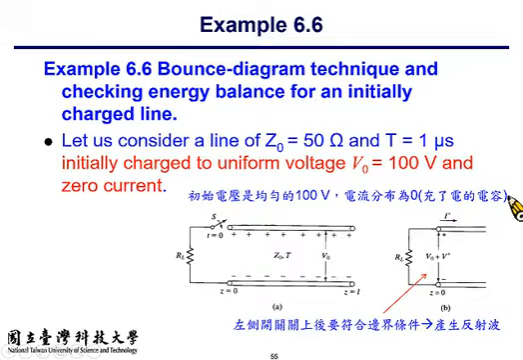So this is a kind of steady state or stable condition because the voltage is 100 volts everywhere, and the current is 0 everywhere. So is there anything going back and forth within the transmission line? Well, no. You can simply say it's evenly distributed, in a steady state, all right?